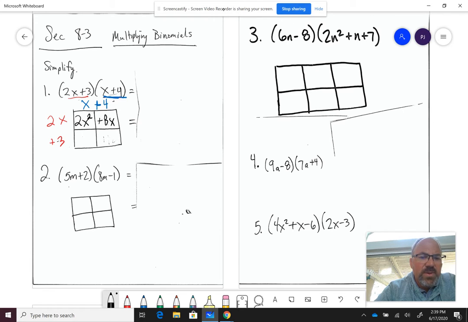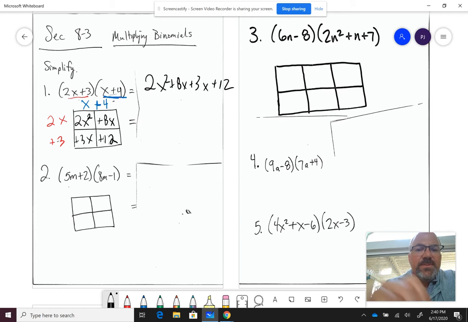We multiply something on the left and something above it, and where those two intersect in that box is where it goes. So 3 times x is a positive 3x, and again, I include the sign. Then 3 times 4 gives me a positive 12. If I write that out, that's 2x squared plus 8x plus 3x plus 12.